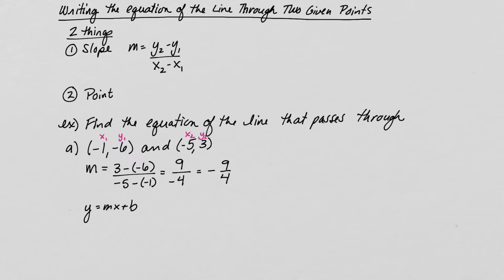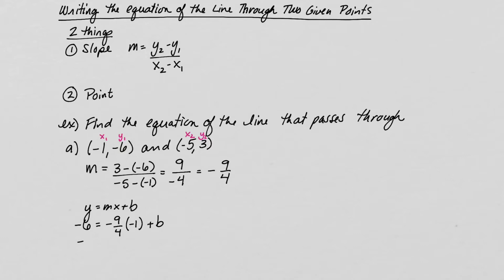So if you remember, the things we're going to plug in are y, m, and x. It doesn't matter which point I pick, so I'll use the first point here. So we'll have -6 equals our m, -9/4, our x, which is -1, and then plus b.